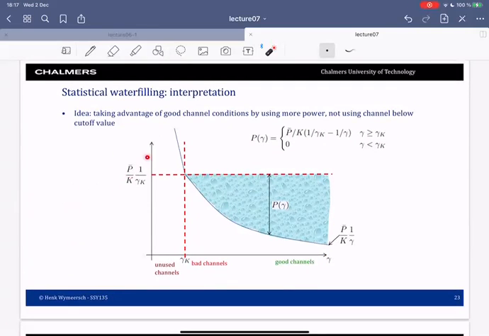On the y-axis is p of gamma. Okay, and then we have this horizontal line here, which corresponds to this value. So this relates to the cutoff value.